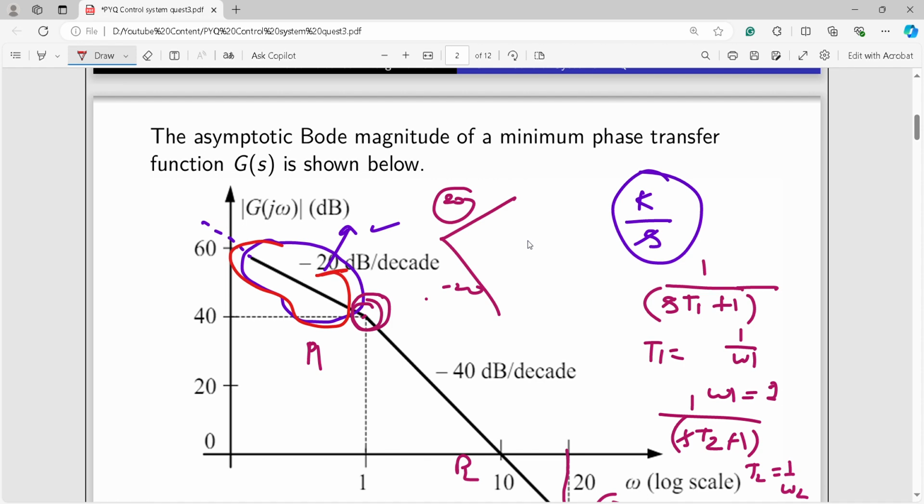Here we have seen for step input the error is 0, for ramp input the error is finite, and for parabolic input the error is infinite.